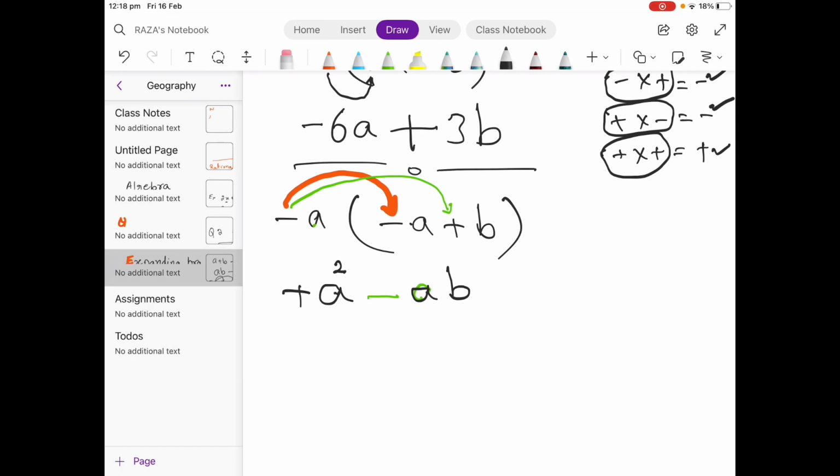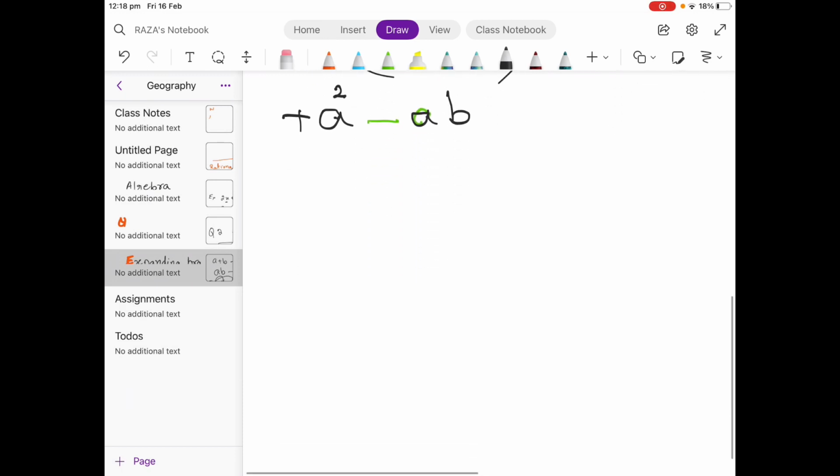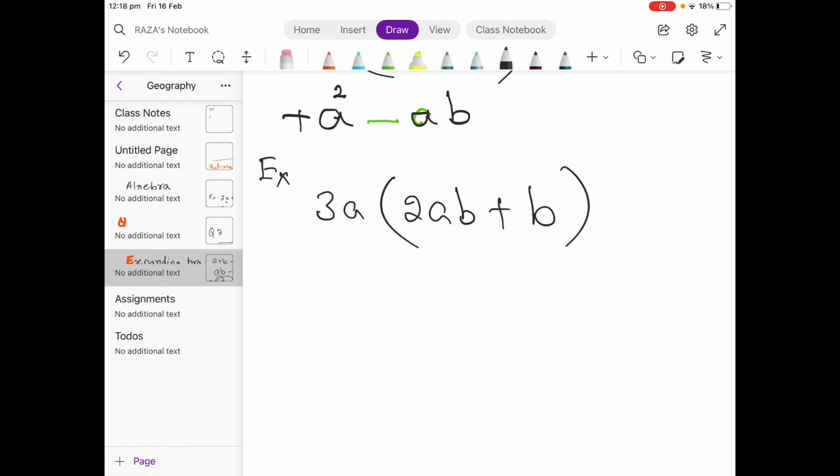Now let's take another example. If I have negative 3a outside, with 2a plus b inside, let's consider the outside as negative as well, so we can practice. Now let's do the negative sign with the positive. There's no sign, so that is negative. Number with number: 3 times 2 is 6.